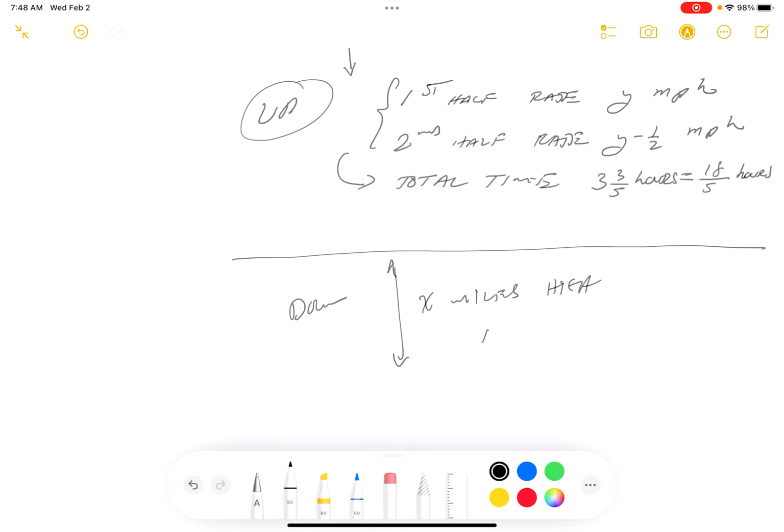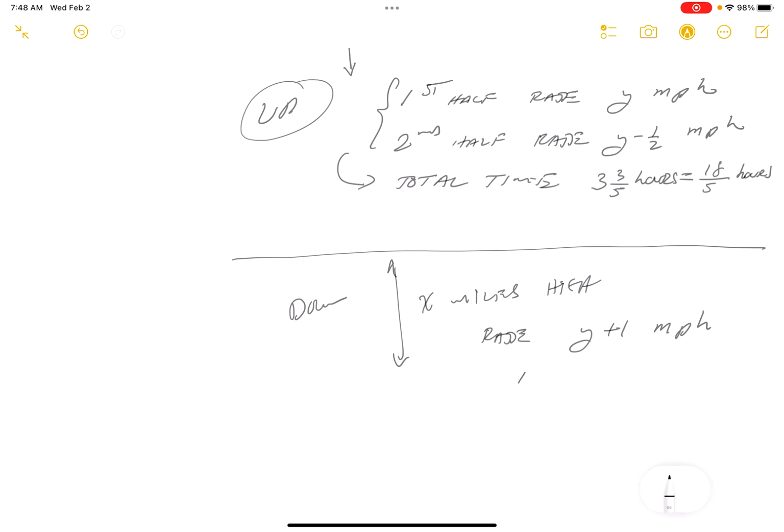So his rate is now Y plus 1 miles per hour. All right, let's keep reading it. His rate is 1 mile an hour greater than during the first half of the ascent. So it's Y plus 1. All right. And he accomplishes the time, put this over here, the time now, he does this in 2 2/7 of an hour. And that makes sense. He's going downhill. He's going to do it quicker. And again, we don't like mixed numbers, so it's going to be 16/7.